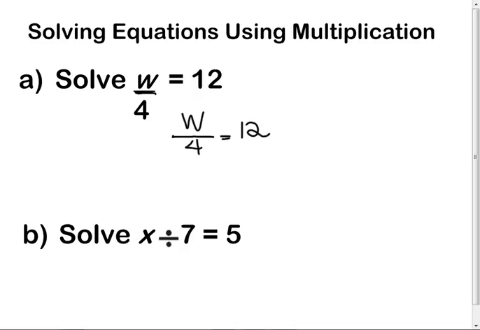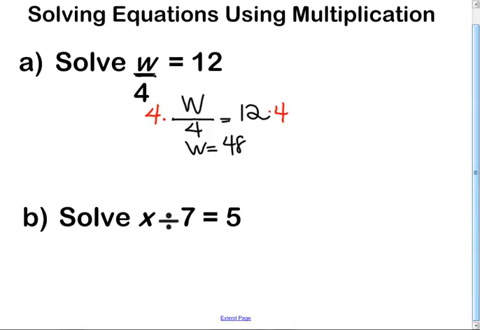How do you undo division? You just told me the inverse was what? Multiplication. So we're going to multiply by 4. And we want you to show the steps because things get harder. And they'll get harder fast. 48.